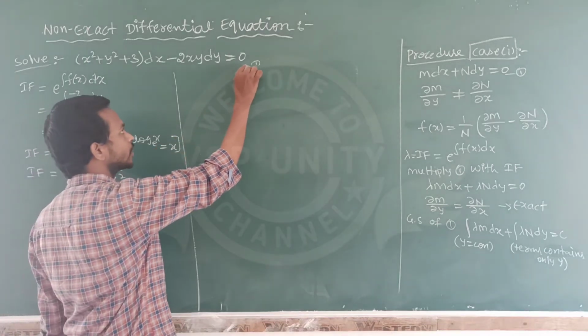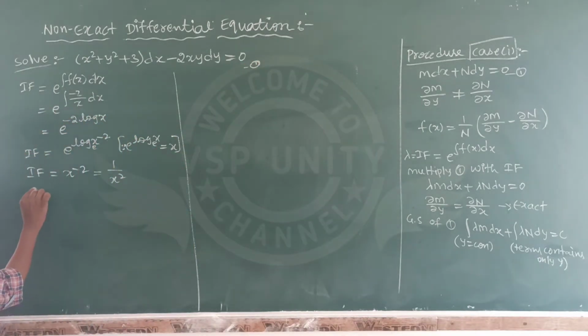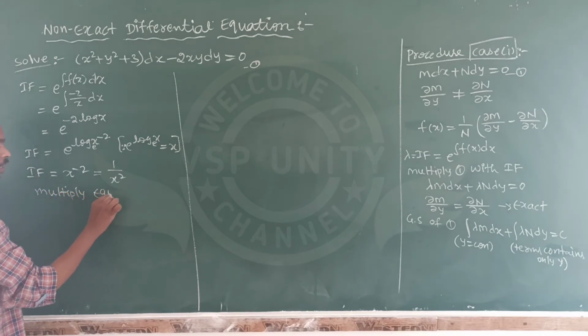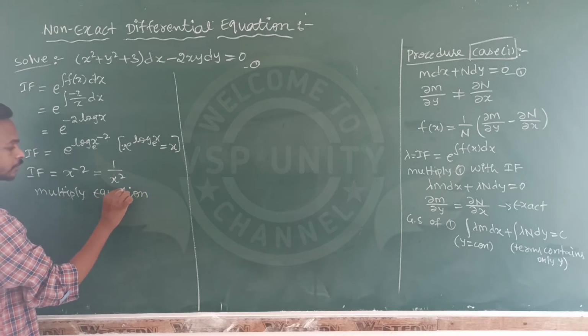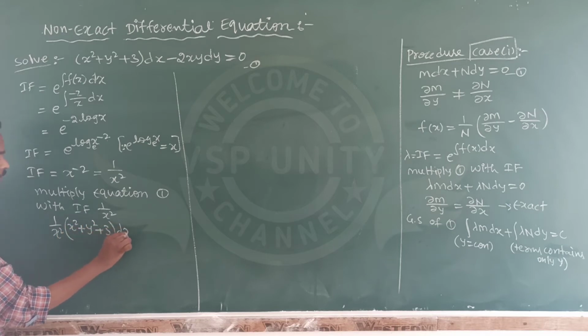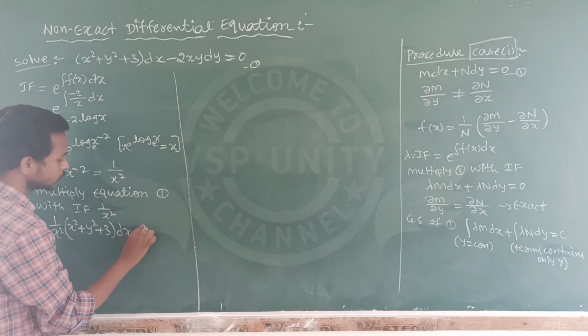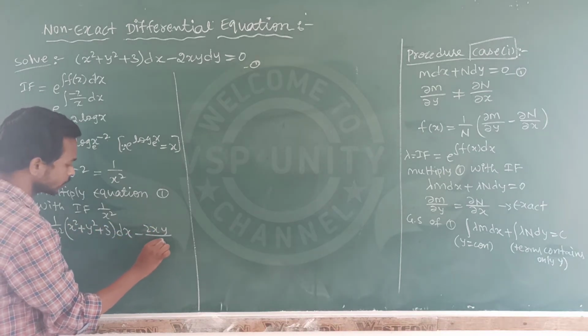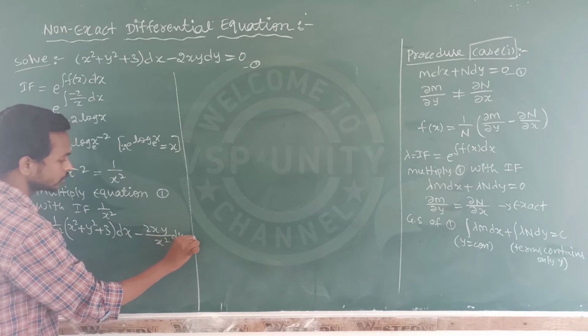Now multiply equation 1 with integrating factor 1 by x square, then the equation 1 will become 1 by x square of x square plus y square plus 3 into dx minus 2xy by x square into dy is equal to 0.